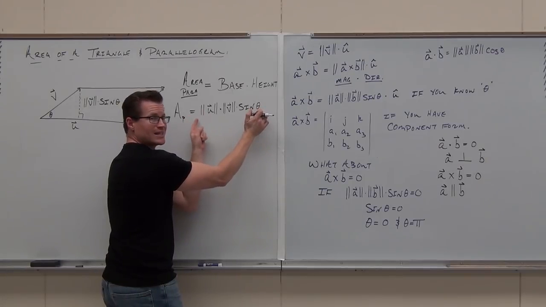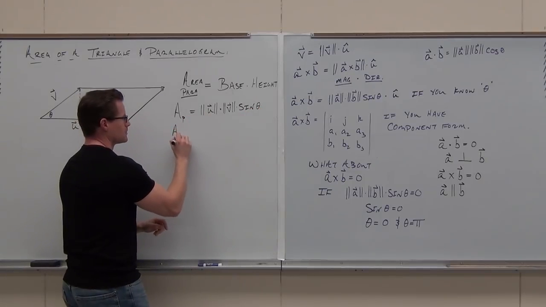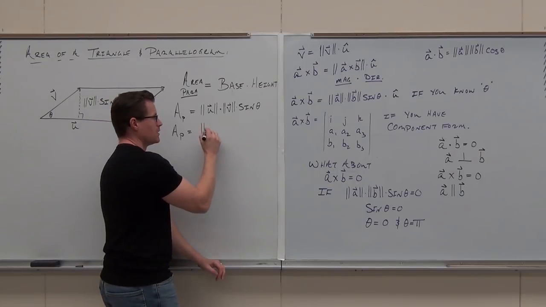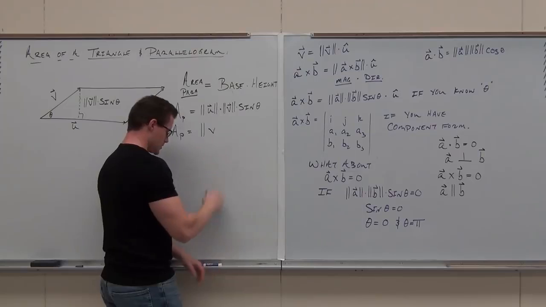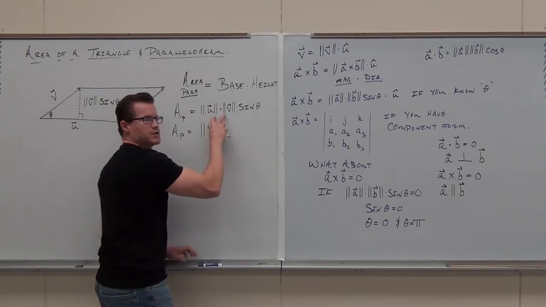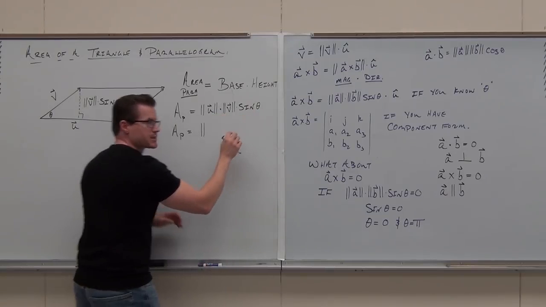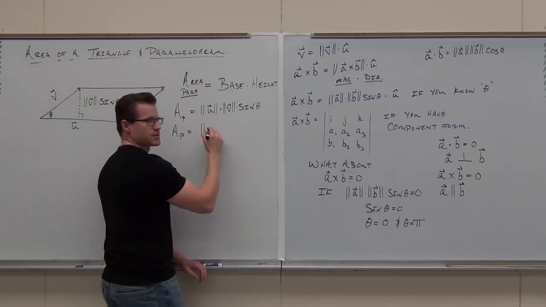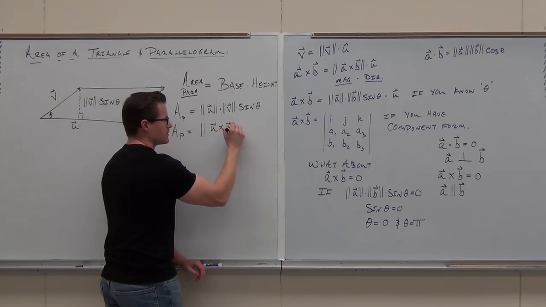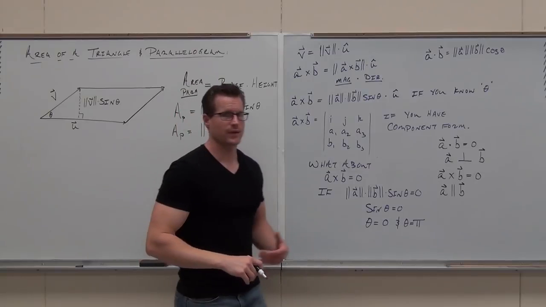The way that we can get this is the magnitude of the cross product of the two vectors that this angle is between. Since this angle is between u and v, this is the magnitude of the cross product of u and v. That's pretty interesting.